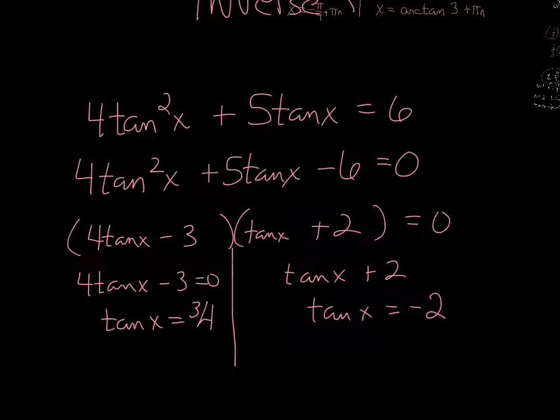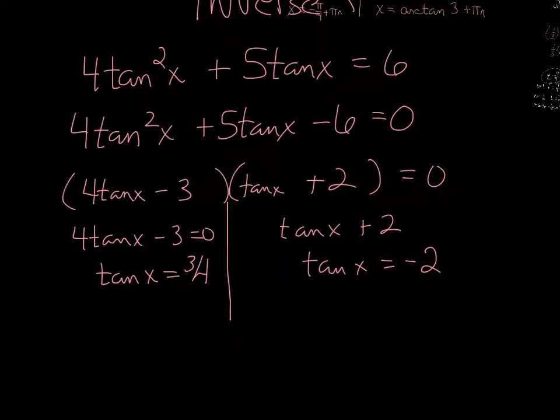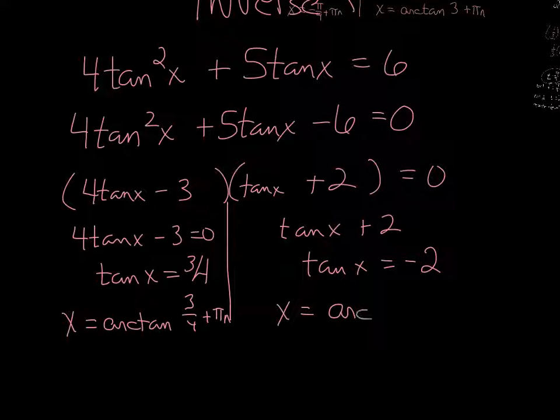No. So if we think about this one, we've got x equals the arctan of 3/4 plus pi n. Here it's pi n because of the restriction, because tangent has a period of pi. Here you'd have x equals the arctan of -2 plus pi n.